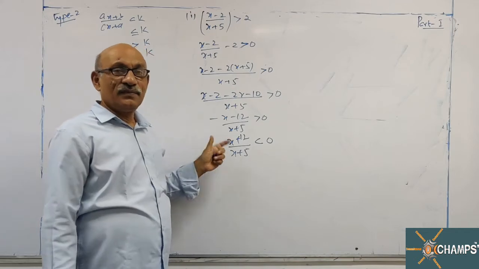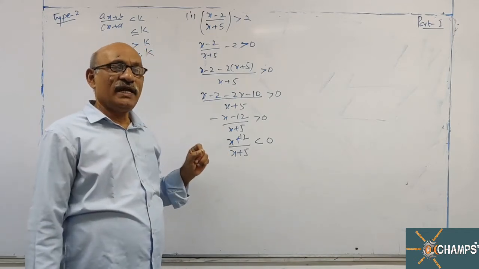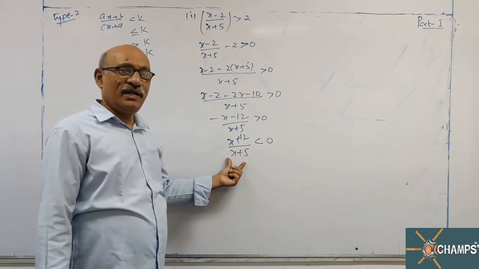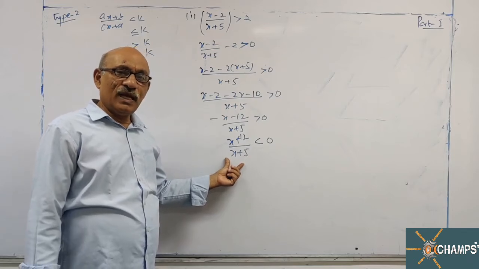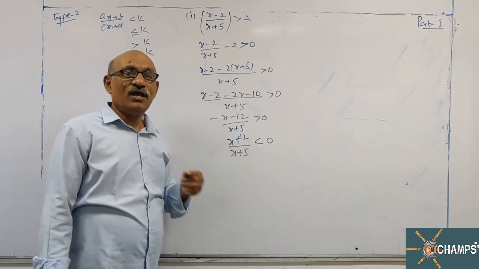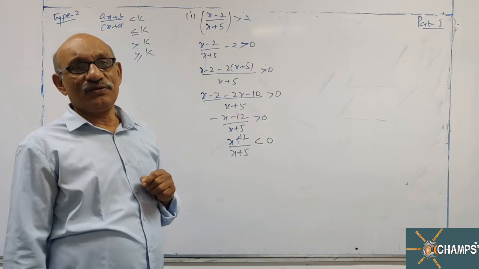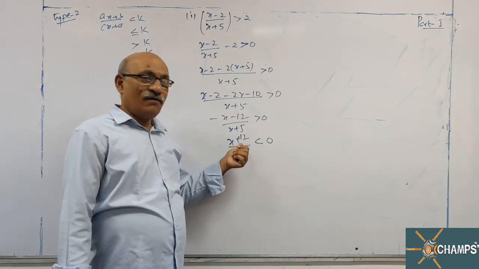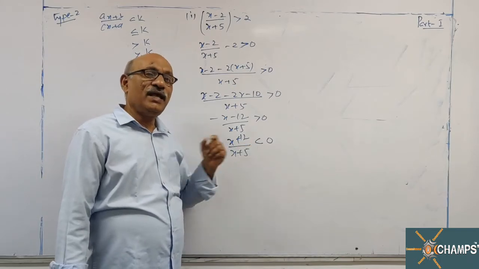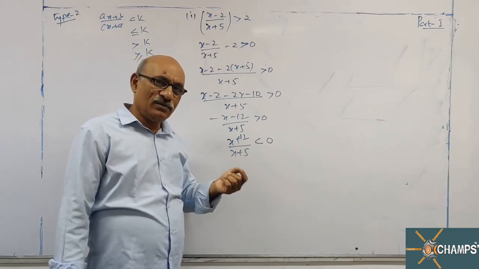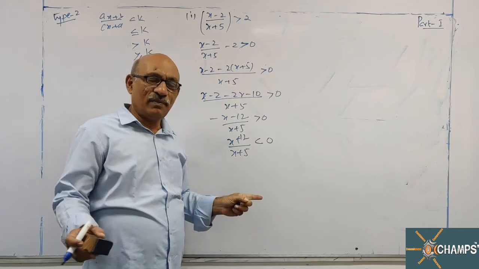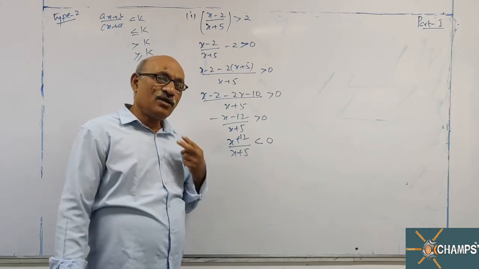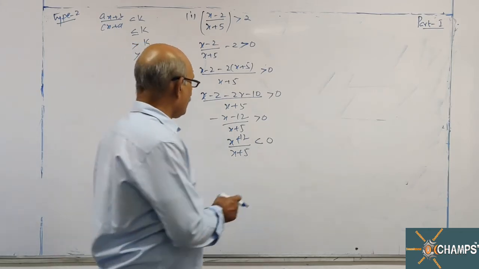After reaching this step, equate the numerator separately to 0 and the denominator separately to 0. Then you will get two values for x which are called critical values. Solve for x.